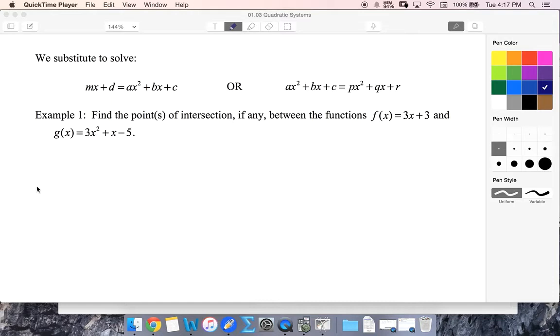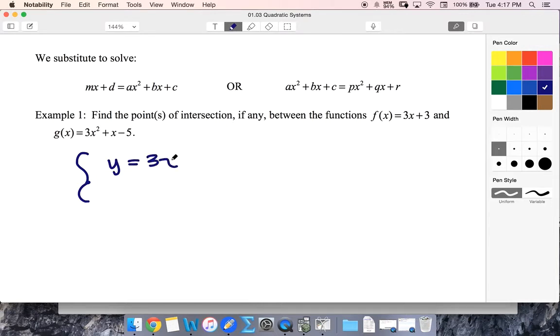So in this case, like I said above, we use substitution to solve because in a system of equations, both of these are equal to y. Even if we use our f of x notation, f of x is just a replacement for y. So if I rewrite this as a system, my system would look like y equals 3x plus 3, and y equals 3x squared plus x minus 5.